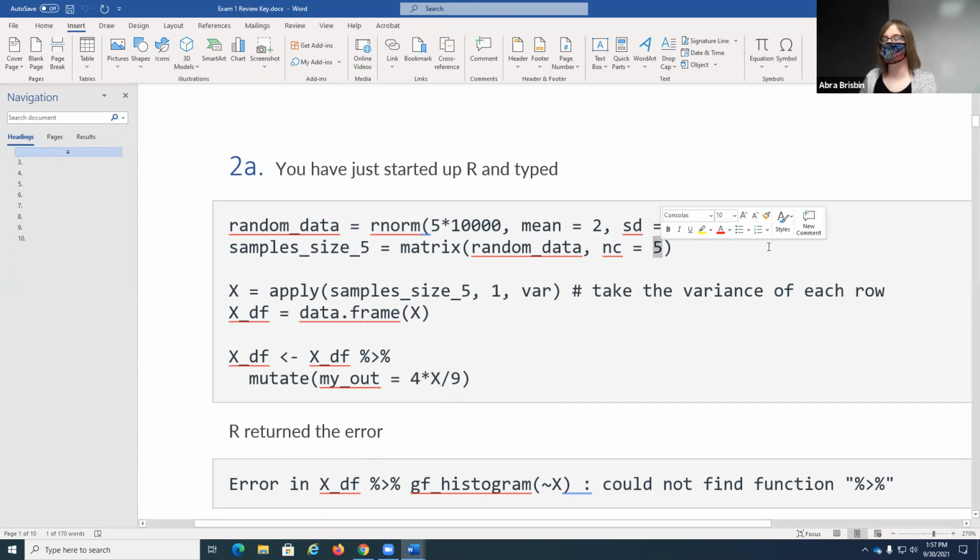Yeah, that's 1 less than the sample size. So that's n-1. Divided by 9, that's the square of 3. So that's the square of the population standard deviation. So in other words, that's the population variance, sigma squared. So that's telling us that my out has a chi-squared distribution.